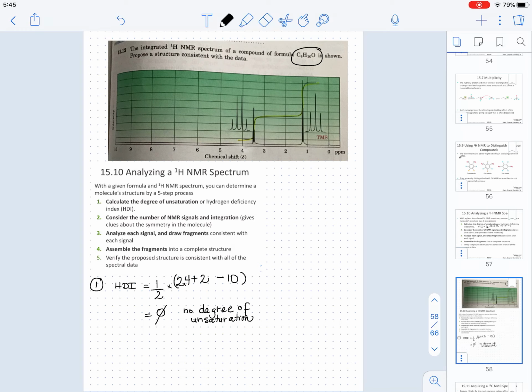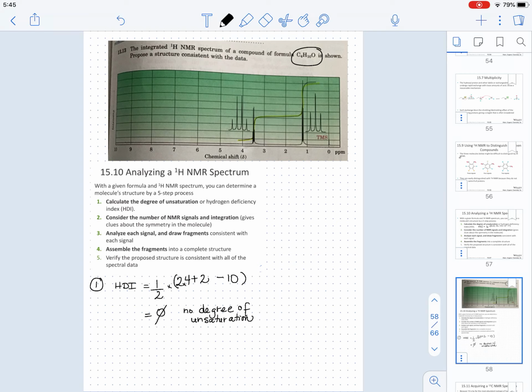As the values for the degrees of unsaturation increase, understand that that means that we're going to have double bonds, triple bonds, or cyclic systems. So at an HDI of 1, there will be a presence of a double bond or even a cyclic system. When we have HDI of value of 2, then most likely we're going to have either multiple double bonds or we can have a triple bond in the system, and so on and so forth.